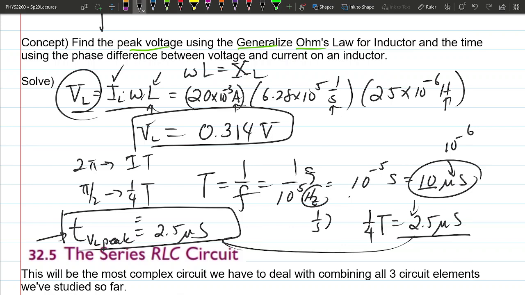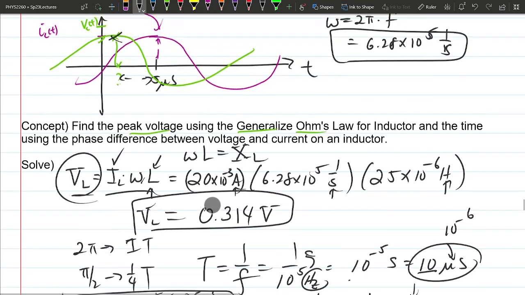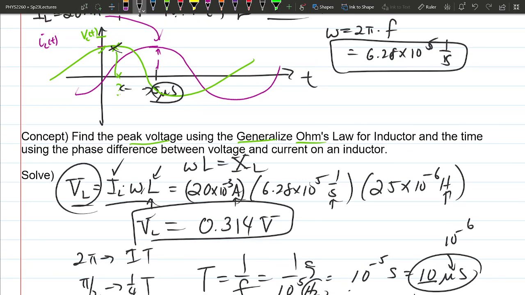This is actually answered by taking 5 microseconds and subtracting 2.5 microseconds. That's why it's equal to 2.5 microseconds. It's not that I just calculated 1/4 of the period and plugged in the answer. It's because I know that this point is 5 microseconds, and I have to shift it back by minus 2.5 microseconds. And I ended up at exactly 2.5 microseconds.